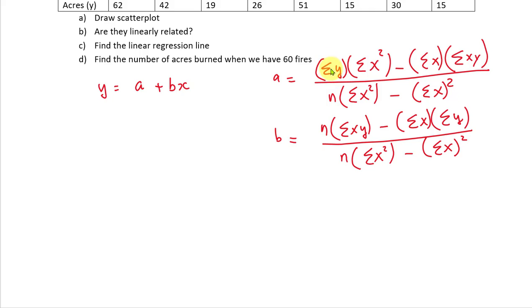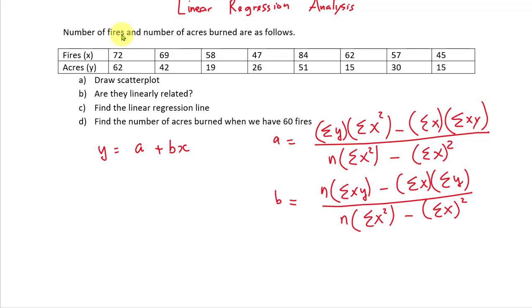This notation is the sum, so we take the sum of all the y values, and the sum of all the x squared values, and we multiply them together. The n here is the number of data points that we have. In this case, we have 1, 2, 3, 4, 5, 6, 7, 8. We have 8 sets of data points, so n is equal to 8.